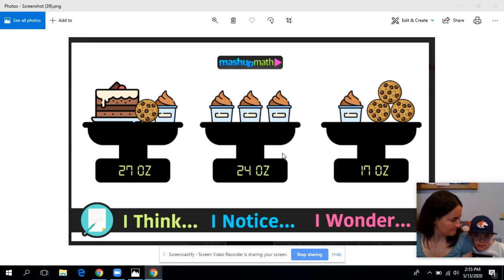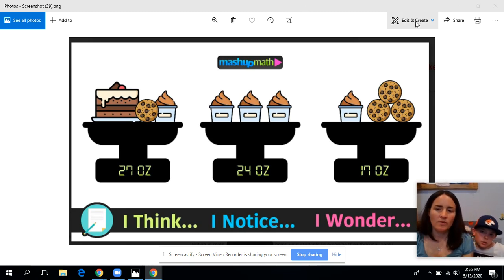What are you wondering? I wonder how much a cake weighs. Okay. What else are you wondering? How much frozen yogurt weighs, and how much a cookie weighs. Okay. So how much does each of these food items weigh? Do you think we could try to figure out how much each of these weigh?